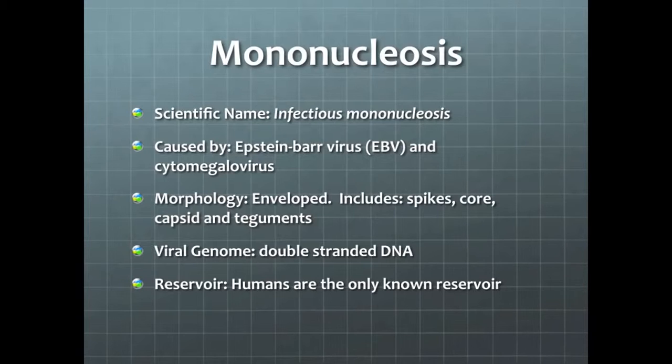It also includes spikes, a core, capsid, and teguments. In the following slide, we'll show you a picture more closely of that EBV virus. The viral genome is double-stranded DNA, and the reservoir is humans. Humans are the only known reservoir.